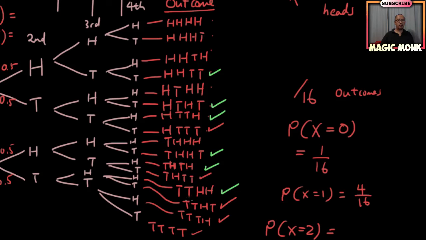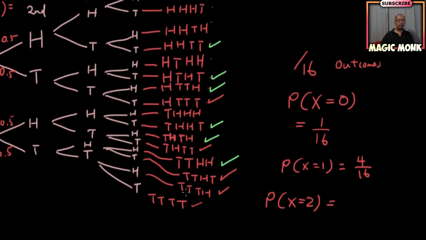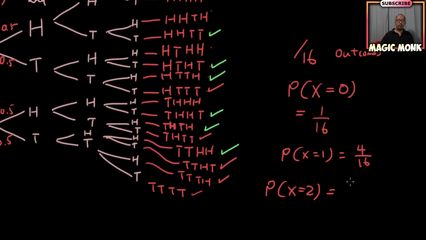Did I count that right? By the way, this is the slowest possible way of doing it. I'm just pretty much doing this to show you how slow it can be.